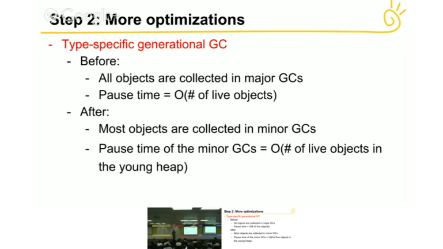By implementing type-specific generational GC, we can collect most objects in minor GCs, and the pause time of a minor GC is order of the number of live objects in the young heap. This means we can reduce the pause time of most GCs.